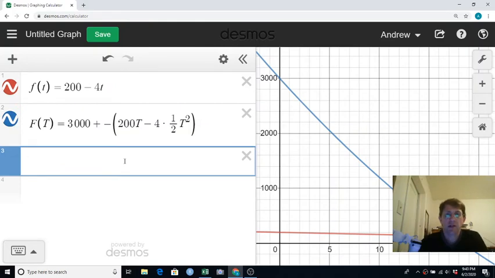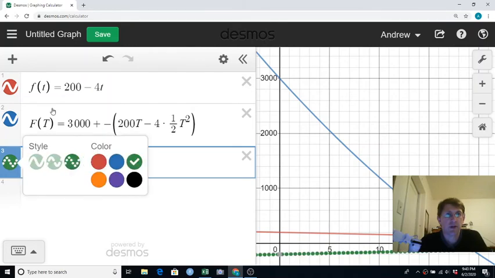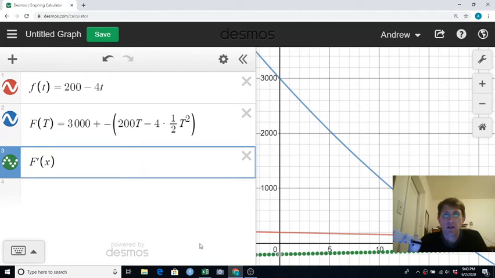We also said let's check capital F, and now if I put a t here, Desmos would get confused, so I'm going to use capital F of x, capital F prime of x. Do I get the same curve as I put in for my rate function? No, those are not the same, but they are similar. The issue is, remember, this was an outflow function rather than an inflow, so there's probably just a difference by sign, and that does seem to cure the problem.